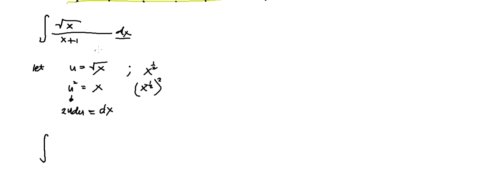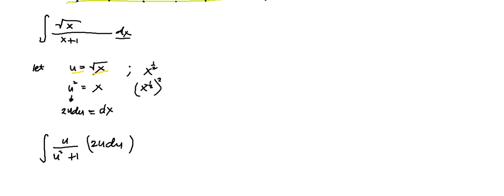our next step is to change all the values of x to u. So the square root of x is equal to u. So we have u all over the x here, which is u squared, so we have u squared plus 1, and then our dx is equal to 2u du, right?